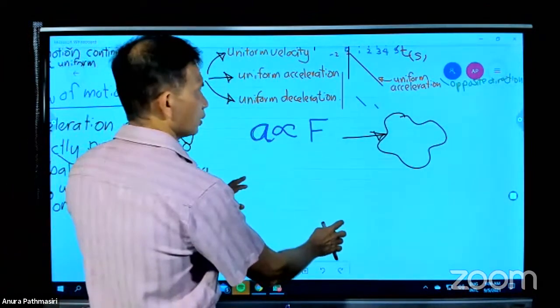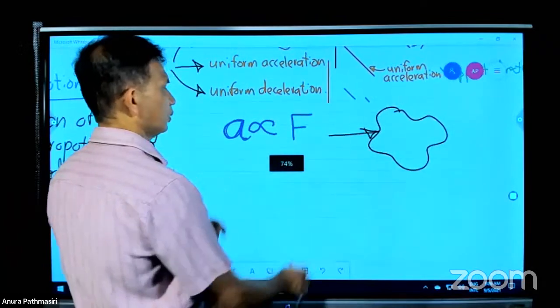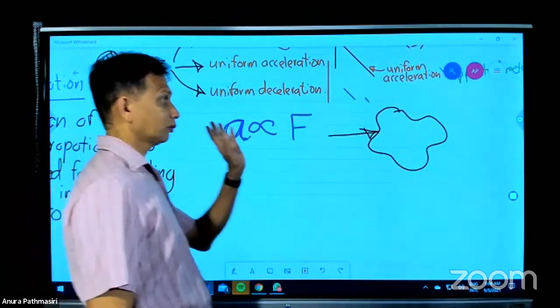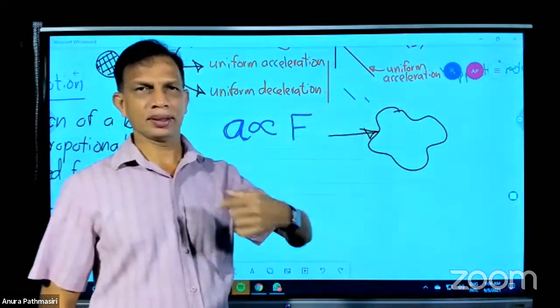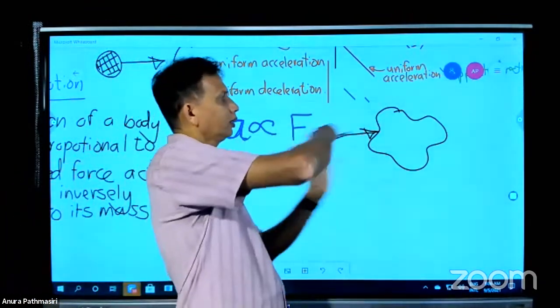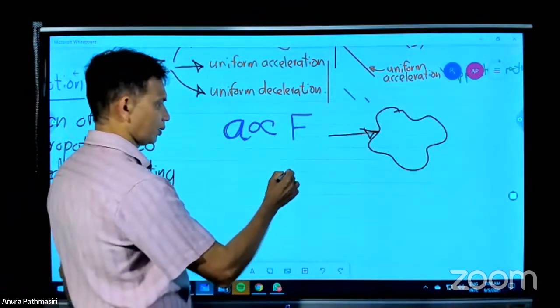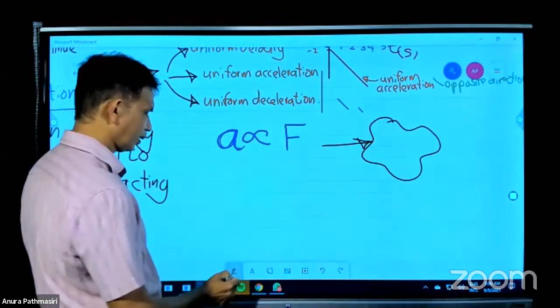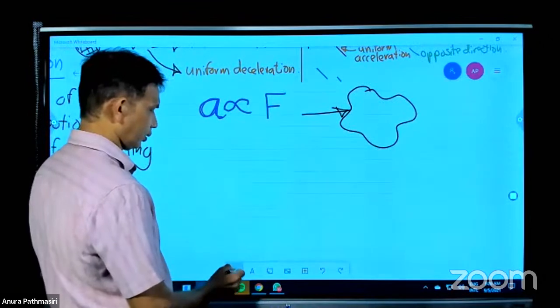It has a magnitude, and that force will increase the velocity. A nice example, an experience I have. I don't know whether you have this one. You definitely might have, right?